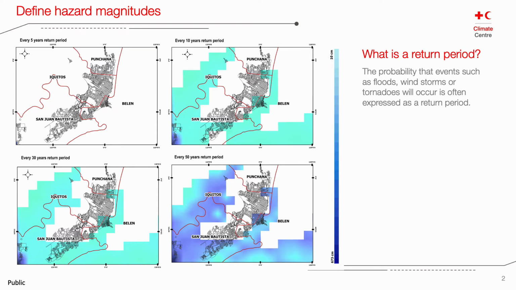This historical data can be used to calculate the return period of the most extreme events. The figure shows the city of Iquitos in the Peruvian Amazon and explains how different return periods of 5, 10, 30, and 50 years can be associated with flood levels rising and reaching the city.